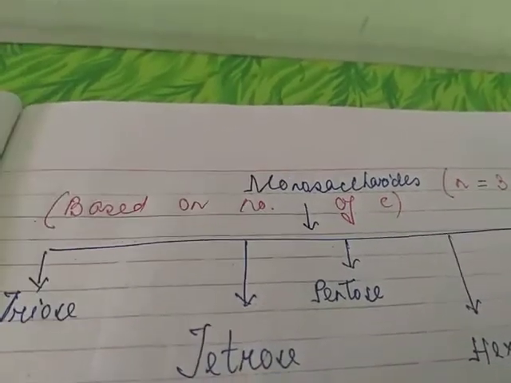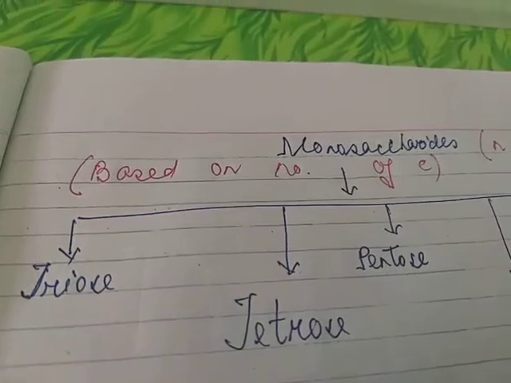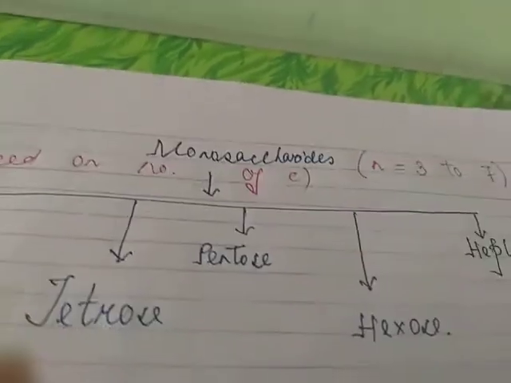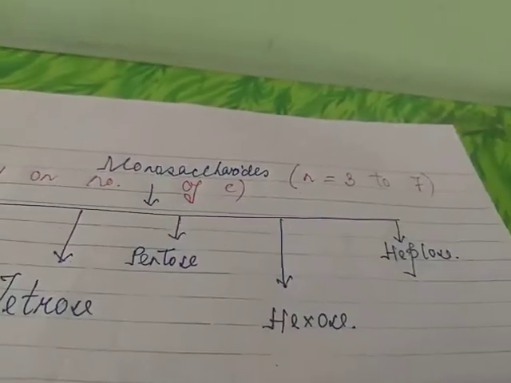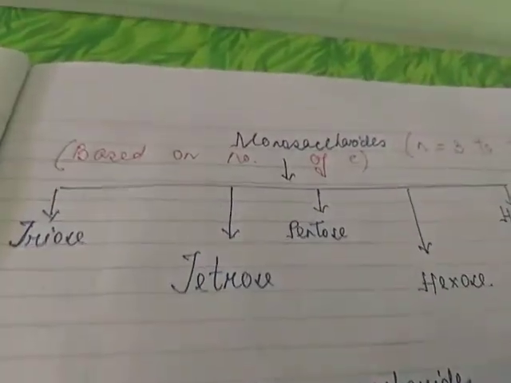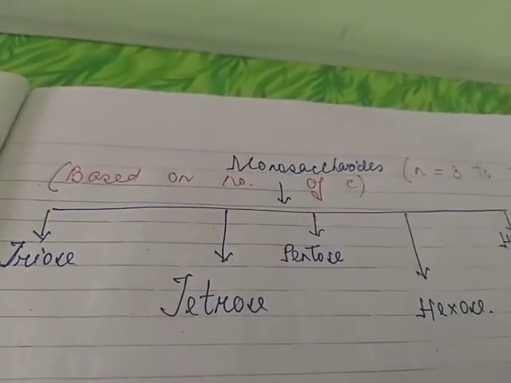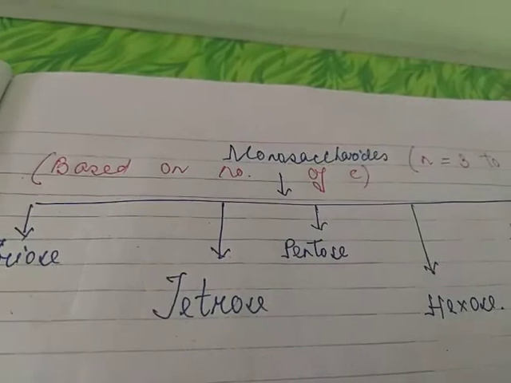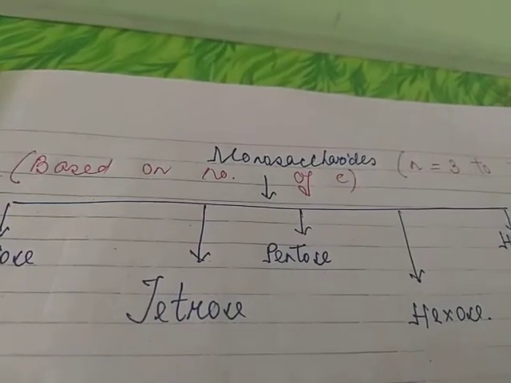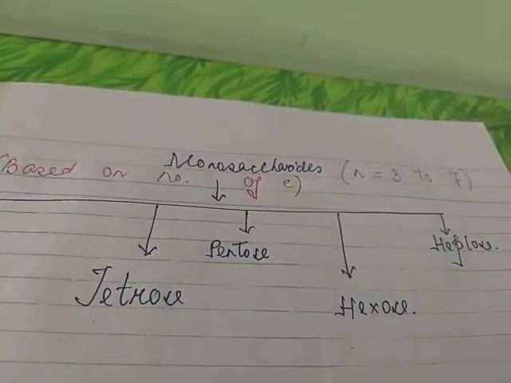Based on this number of carbons, it could be named triose, tetrose, pentose, hexose and heptose. If 3 carbons are there, it is triose; 4 carbons, tetrose; 5, pentose; 6, hexose; and 7, heptose. Here I have shown the simplest triose.